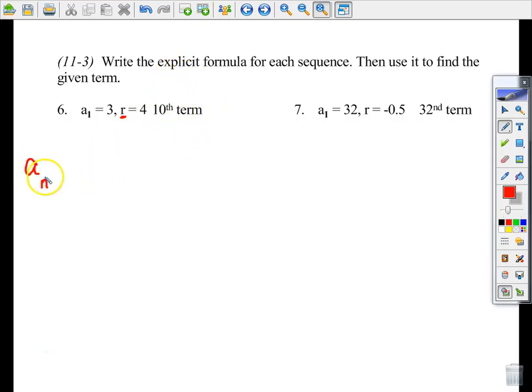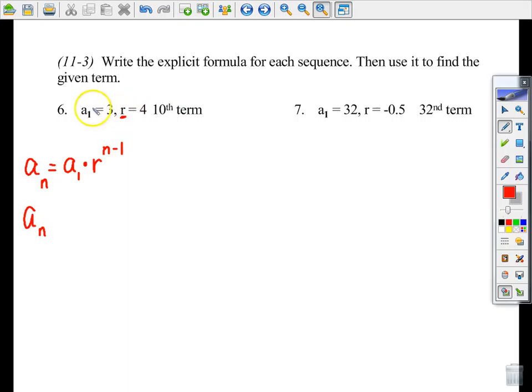The explicit formula for a geometric sequence looks like this. You can find any nth term by taking the first term, and now this time we're going to be multiplying times r raised to the n minus 1 power. Okay, so the explicit formula looks like this.